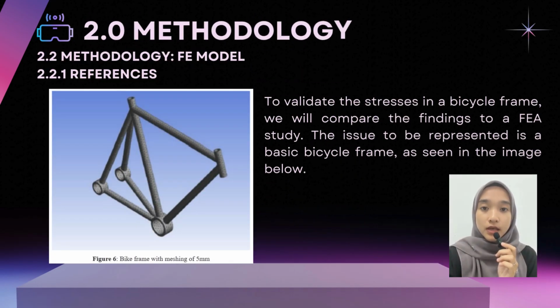For reference, to make sure our simulation is correct, we refer to a previous study that used finite element analysis. We follow their example by using a basic bicycle frame design, just like the one shown in the image. This helps us to compare our result and check if our analysis is valid.